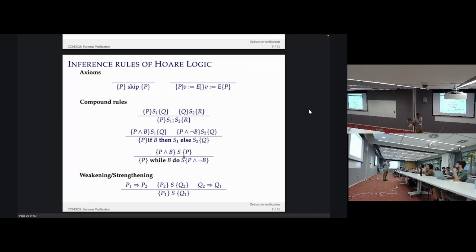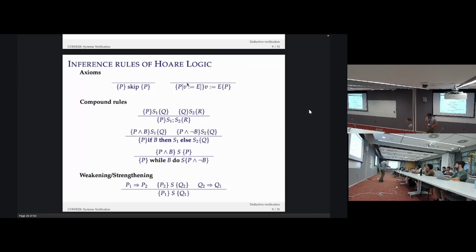Let's explain this notation then. This is a notation that is syntactically replacing all occurrences of V in P by E. If P has no V's, then you just get back P, right?